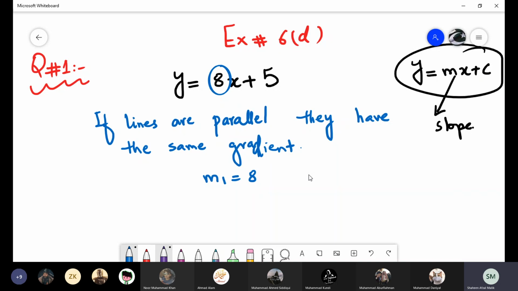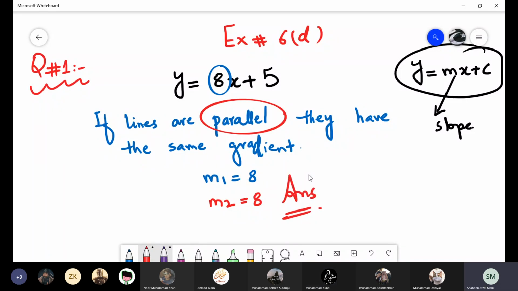Find the gradient of a line parallel to this line. If that gradient is m2, what will it be? 8, ma'am. Same. Why 8? Because the lines are parallel to each other, and this is your answer.